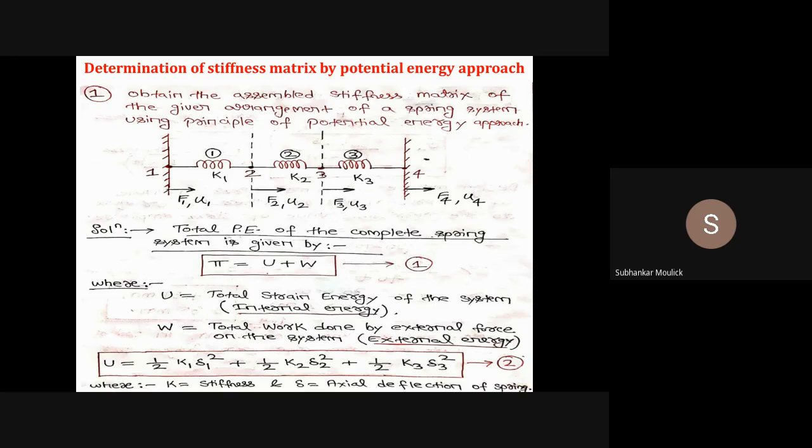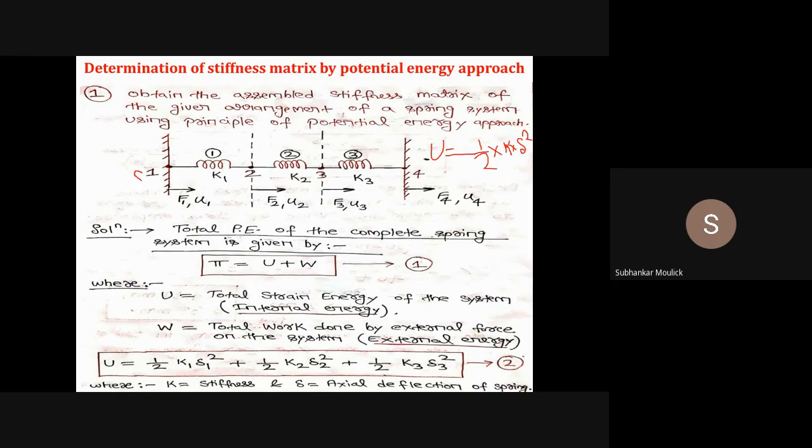If you remember, some 2-3 lectures back when I was discussing the Rayleigh-Ritz method and Galerkin method, I told you that strain energy in case of a spring is given by U is equal to half into stiffness of the spring into the linear displacement of the spring squared. That means half k into delta square.